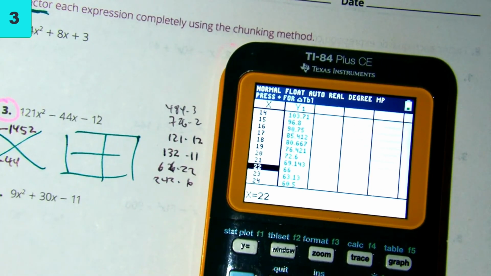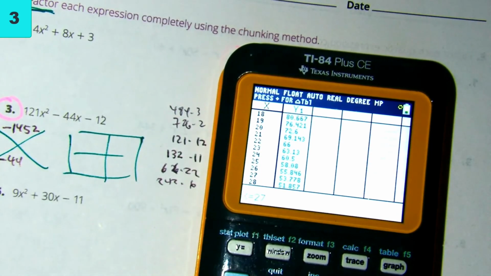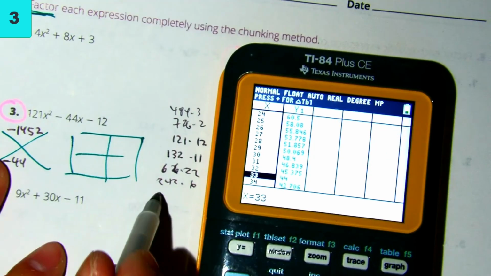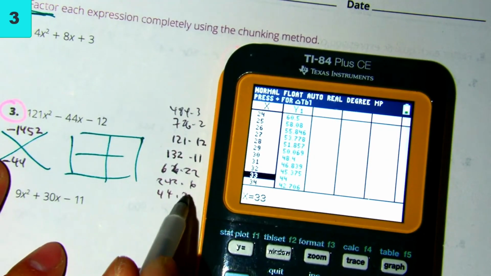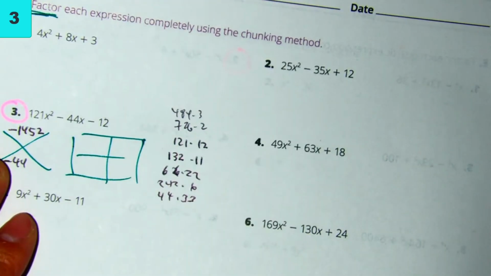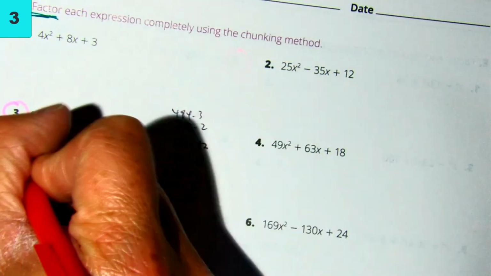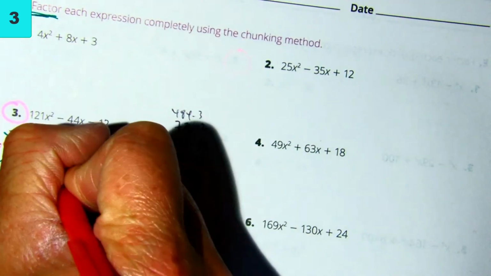And I have 22 times 66. And 33 times 44. Class, which one am I going to use? 22 and 66. Which one is negative, if any?